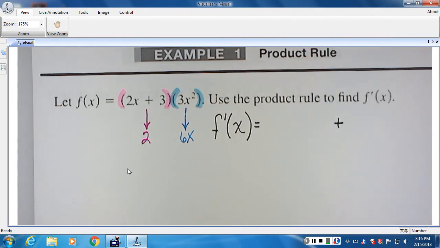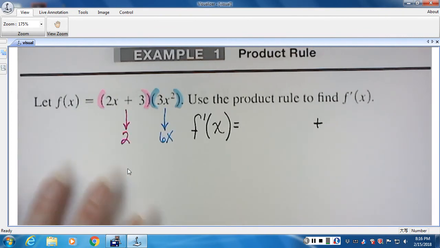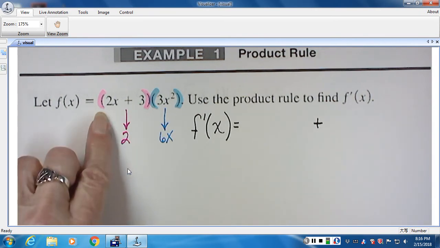So it's going to be a sum. The sum is going to be the first part of the product, the first factor.